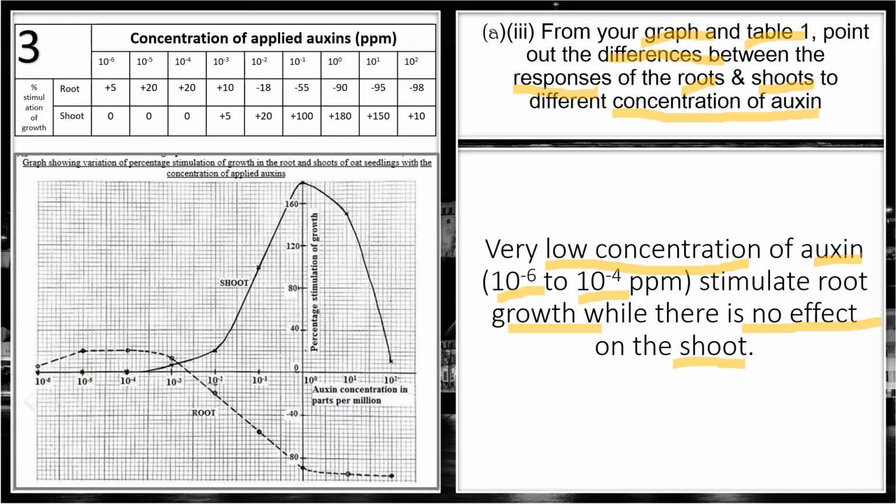So you can see from here to here, there is a constant growth rate in the shoot, whereas from the same range, you see there is an increase in the growth rate of the root.